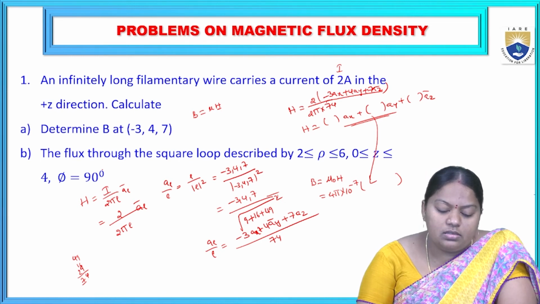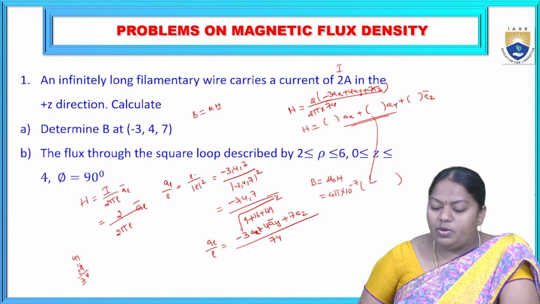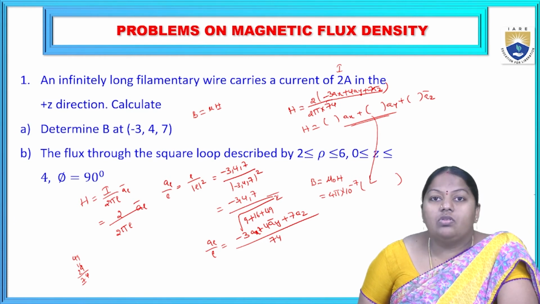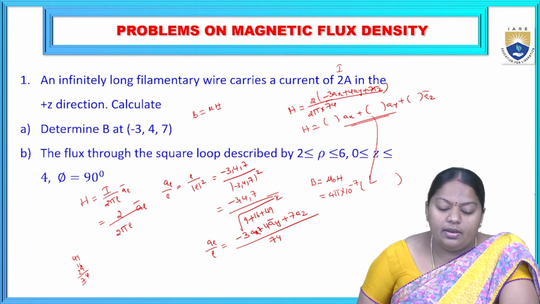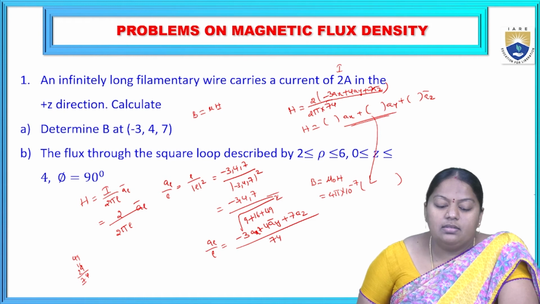Right? Next, the flux through the square loop described by 2 less than or equal to rho less than or equal to 6, and 0 less than or equal to z less than or equal to 4, and phi equal to 90 degrees.